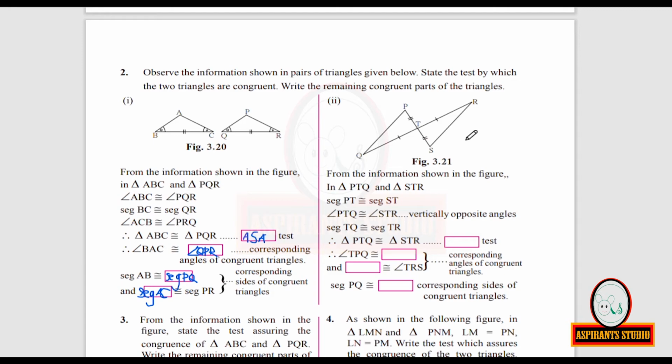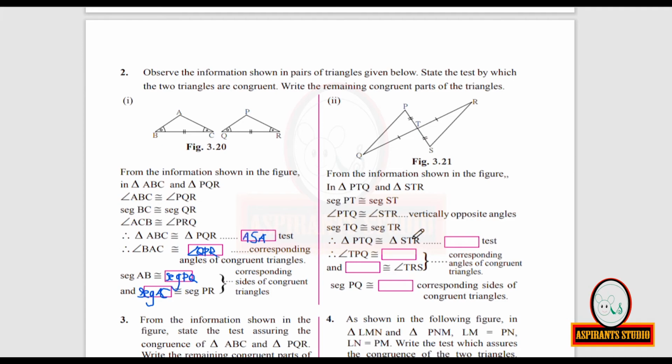So here we have to be very careful when you are writing. Segment PT is congruent to segment ST. Angle PTQ is congruent to angle STR because they are vertically opposite angles. Vertically opposite angles are congruent. Segment TQ is congruent to segment TR.